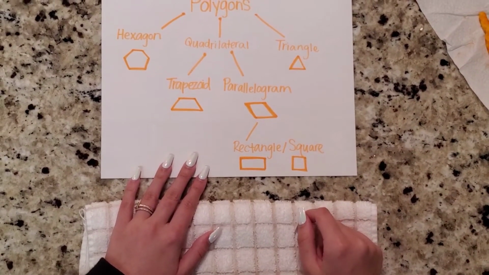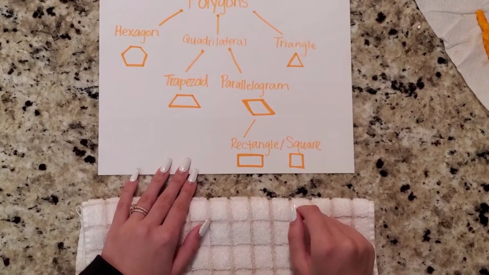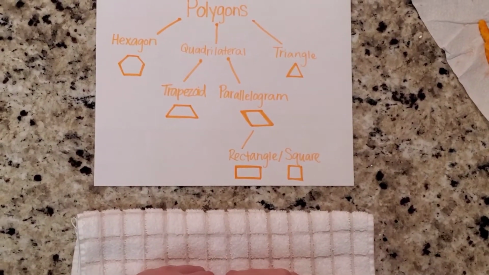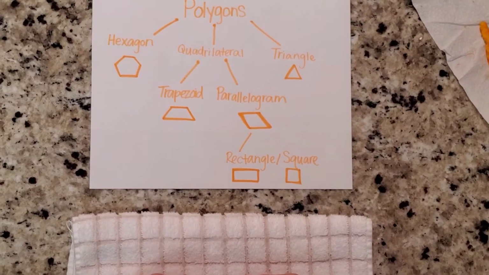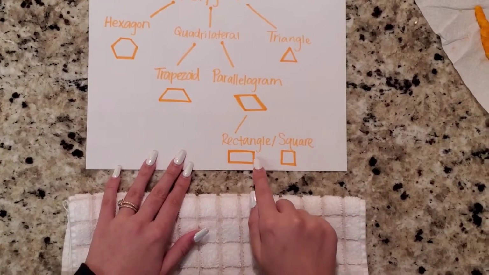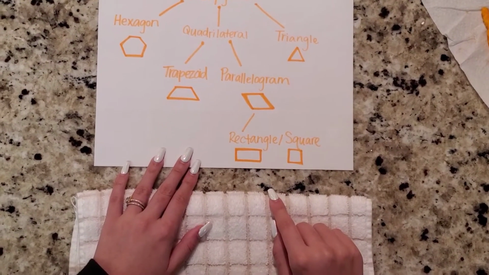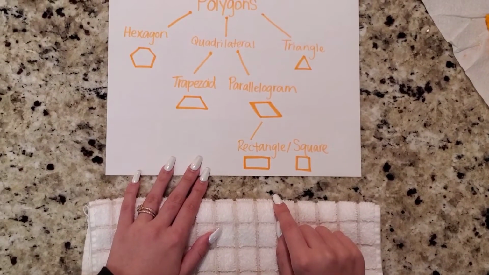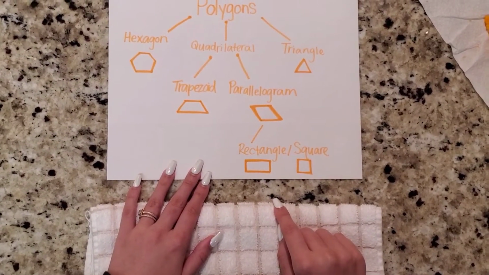And in the last part of our lesson, we talked about how rectangles and squares share some of the same attributes. And we can see how a rectangle and a square have 4 right angles. They both have 2 sets of parallel lines, and they both have 2 sets of lines that are equal to each other.